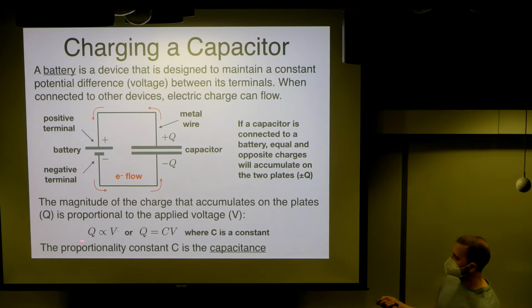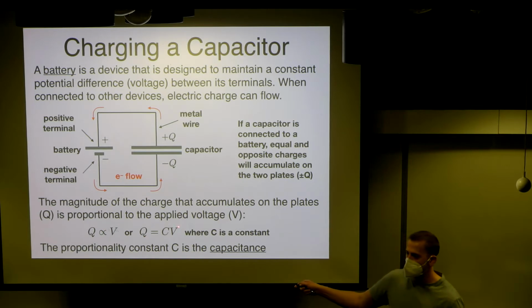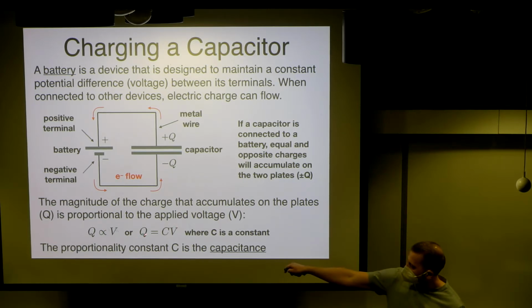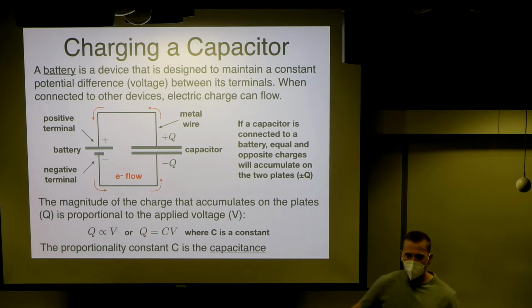So what we say is Q is directly proportional to V, where V is this voltage we apply. So whenever we have a direct proportionality between two variables, we can say there's some kind of constant of proportionality involved in that, okay? So I'm going to write this in a slightly different way. Q is equal to C times V. Now C is just some kind of constant of proportionality here.